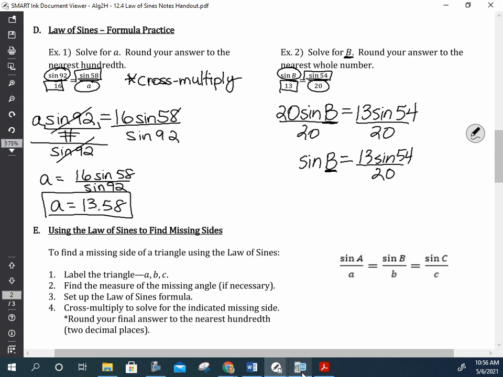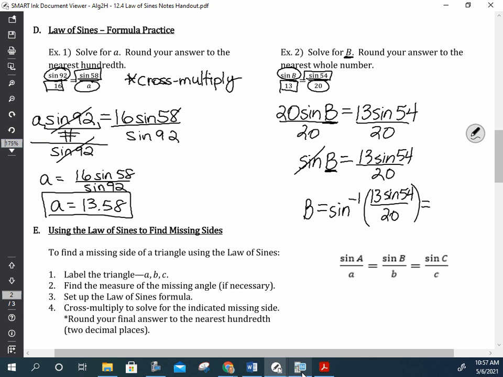The sine is in the way. Remember from right triangle trig, if you're trying to find an angle, you need to use the inverse. So B equals sine inverse of 13 sine 54 over 20. Any questions on setup before we go to the calculator?